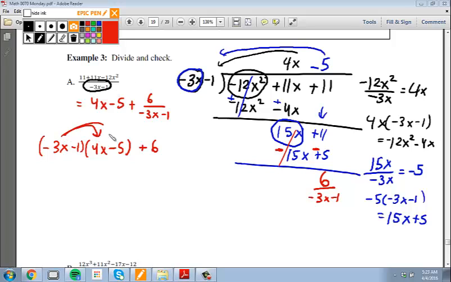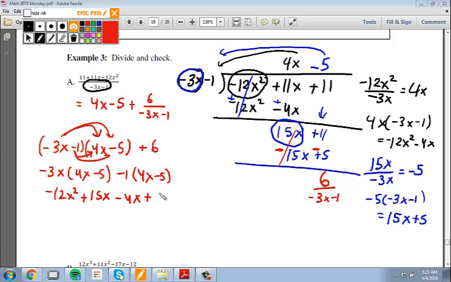So let's distribute here. Negative 3x times 4x minus 5 gives me negative 12x squared plus 15x. Then we have the negative 1 times the 4x minus 5, which is negative 4x plus 5. And then we have the plus 6 at the end.